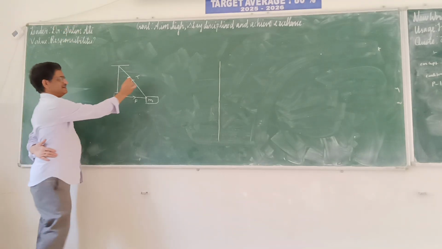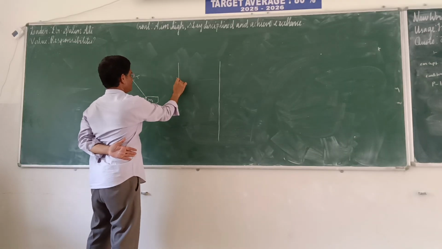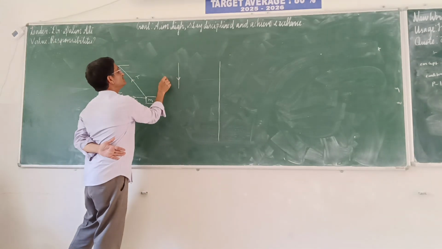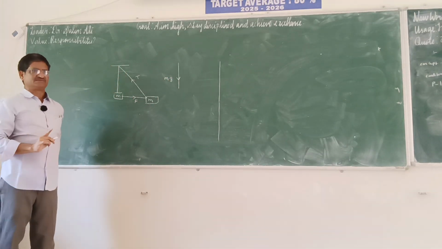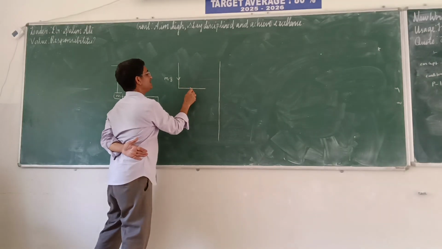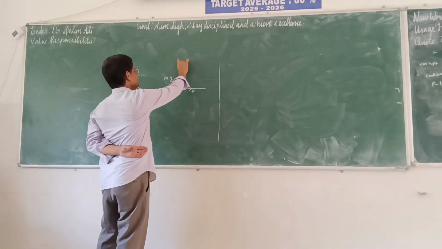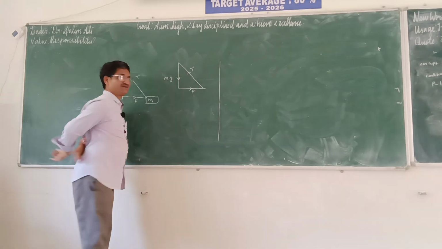Now see, this is one force due to this mass, the gravitational force mg, your teacher already taught. This is another force, the horizontal force given. This is another force, tension.